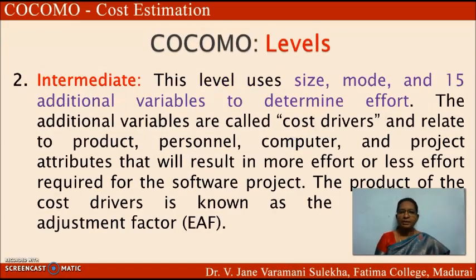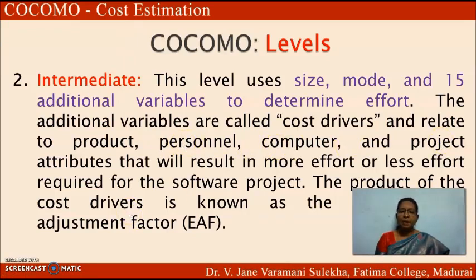In intermediate COCOMO, we use size, mode and 15 additional variables to determine effort. The additional variables are called cost drivers. It is divided into four categories: product, personnel, computer and project attributes.